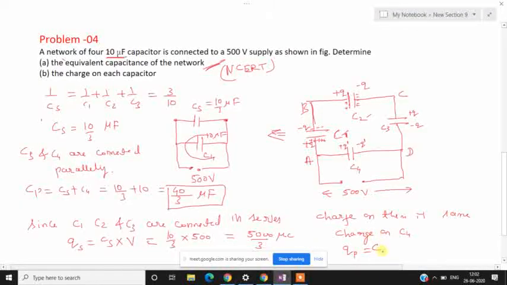C4 into V, and V is the same across C4 and CS, that is 500 volt. C4 is 10 μF, so you will get 5000 μC. The charge on C4 is 5000 μC, and the charge on C1, C2 and C3 is 5000 divided by 3 μC.